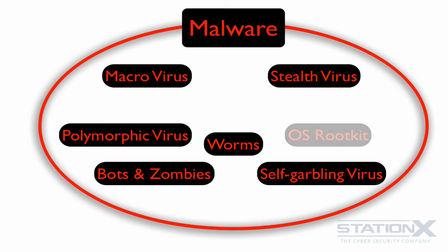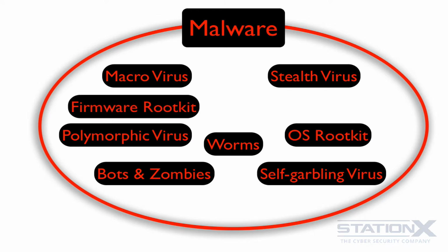You have rootkits. Rootkits are the worst software-based malware that you can get. They are usually embedded into the kernel of the operating system, so it can hide its existence completely from the operating system. And then you have firmware rootkits. These are the worst of all. So, for example, within your hard drive's firmware chip, you could have some sort of malware.